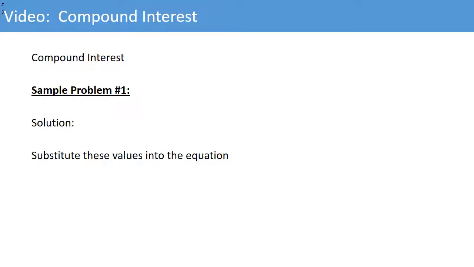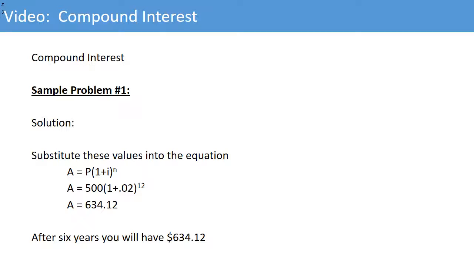Now, take these values and substitute them into the equation. We would get the amount is 500, 1 plus 0.02, to the exponent 12, which would give us $634.12. So after 6 years, you would now have $634.12 in the bank.